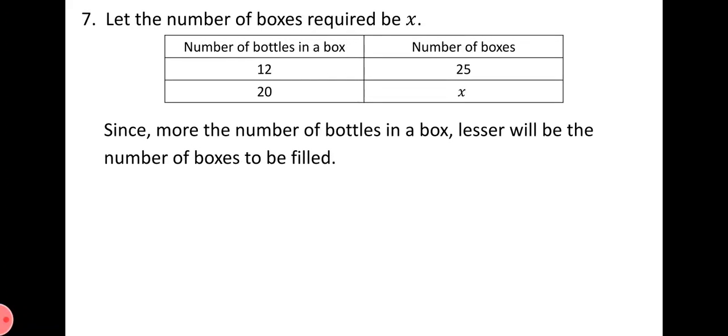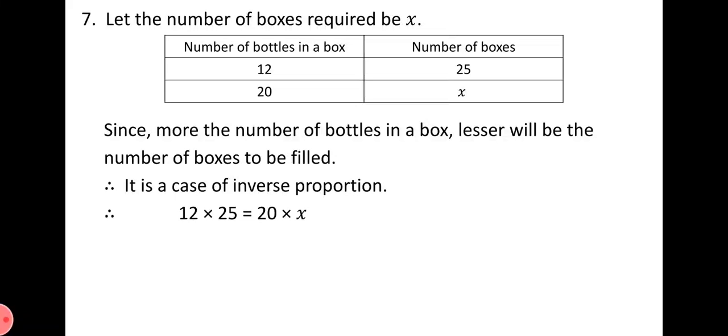Since the more the number of bottles in a box, the fewer will be the number of boxes to be filled. Therefore, it is a case of inverse proportion. Therefore, 12 into 25 equal to 20 into x. In inverse proportion, we have learned that the product of the corresponding values of two quantities is constant. So you have to remember that in inverse proportion.